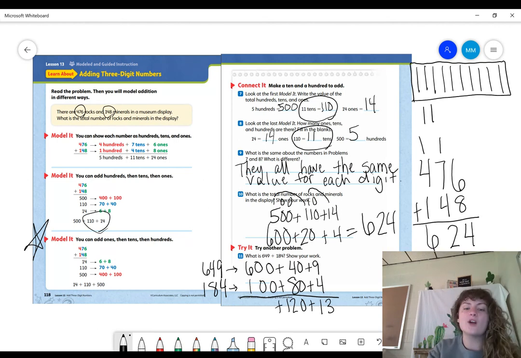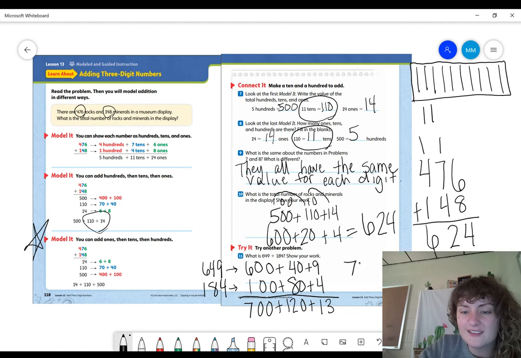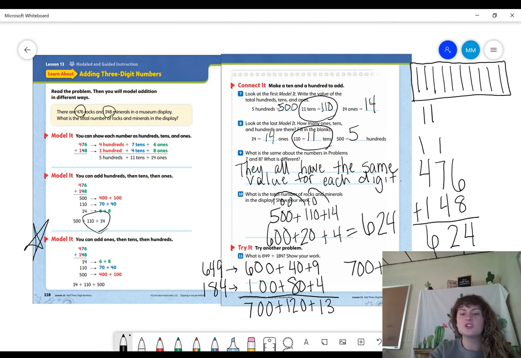And then our hundreds place. So I'm going to put our 0 ones, our 0 10s, and our hundreds. 6 plus 1 is 7. But we are not done yet, right? So now I'm going to bring 700 plus 120 plus 13 over here. Okay, so just like what we did right here, we're going to do the same thing.